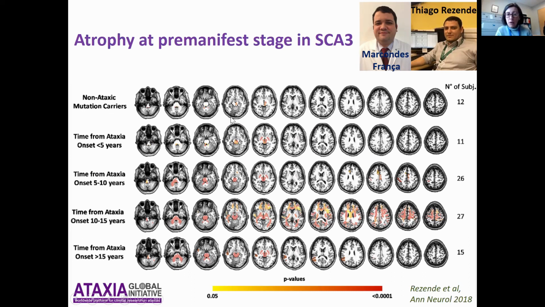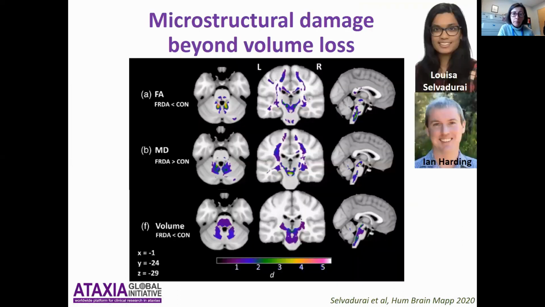This is the top group. And you can see the level of volume loss increases with the time from ataxia onset. But most interestingly, you also see some involvement at the brainstem, pons level, and even up to substantia nigra. There's some volume loss even before the onset of ataxia.